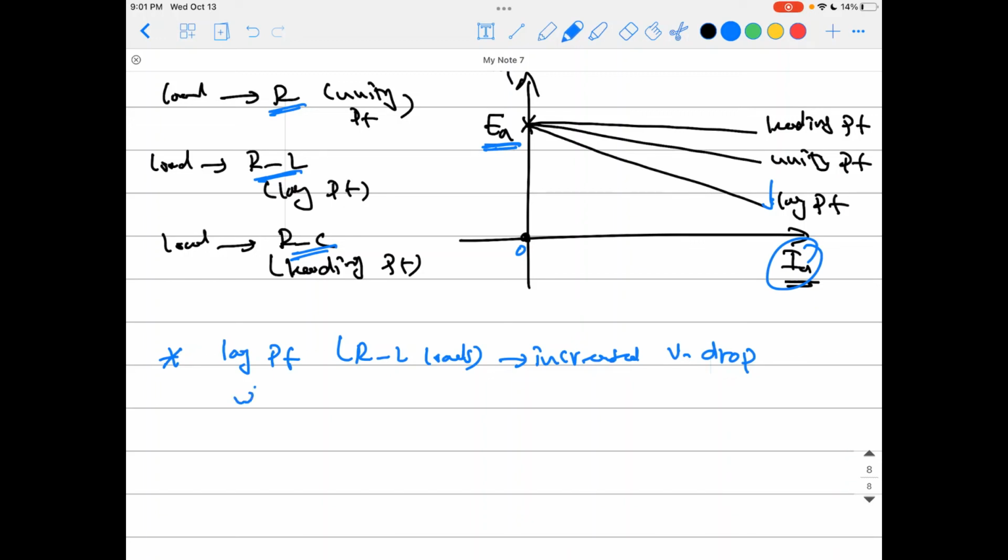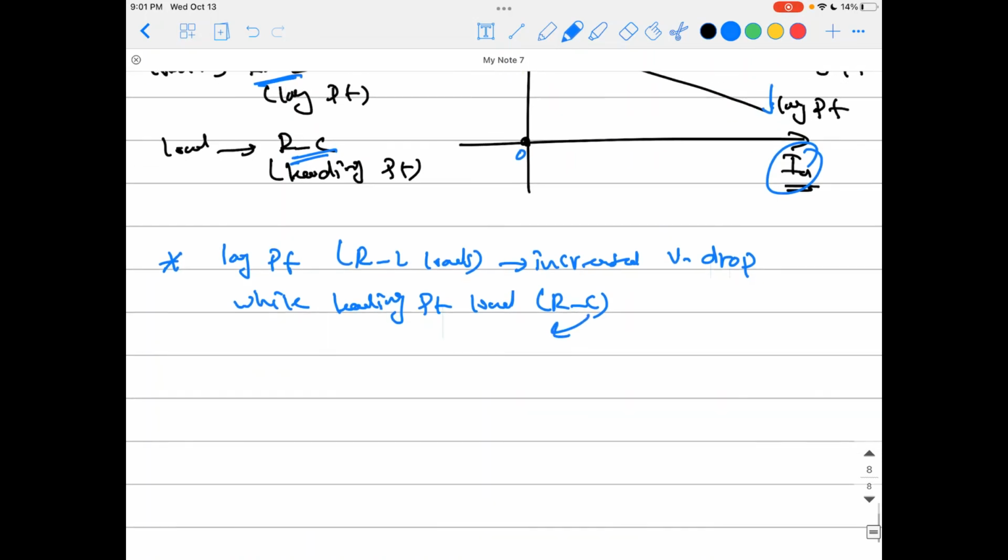While for the leading power factor load, I'm talking about R and C, the reactance of C, if you remember, will be minus jXC, not plus. And this cancels out the jXS of the generator.